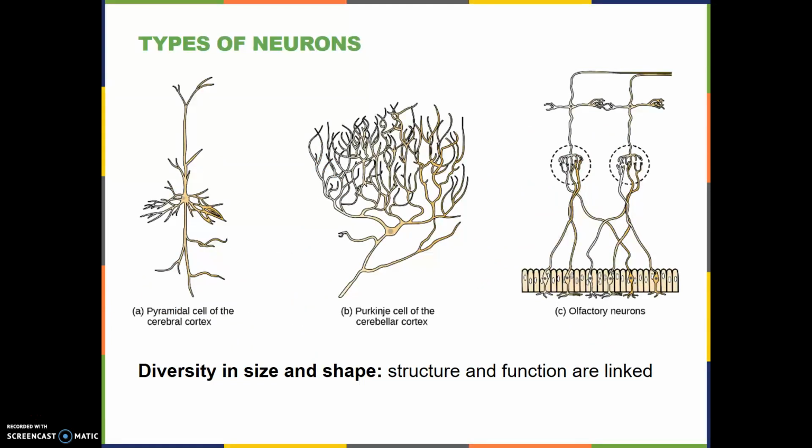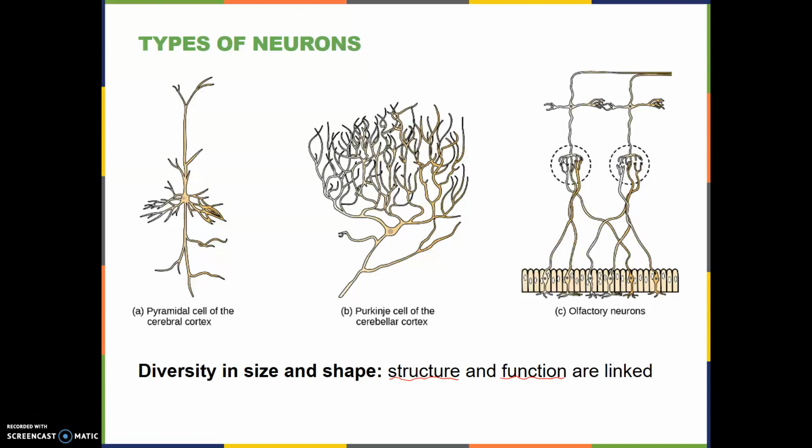Just like anything in anatomy and physiology, this is the theme of our class: structure and function are always linked. In fact, we always say structure determines function, or the anatomy determines the physiology. So the structure of the nerve cell determines its function.